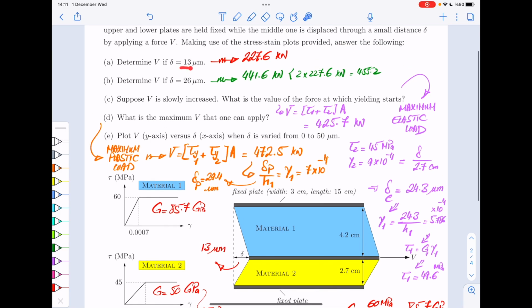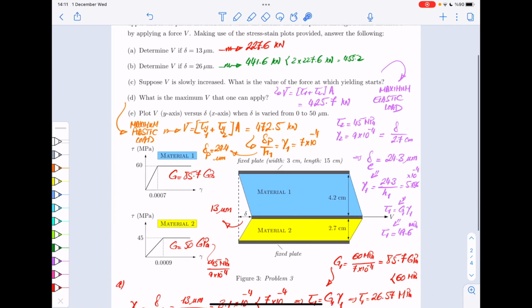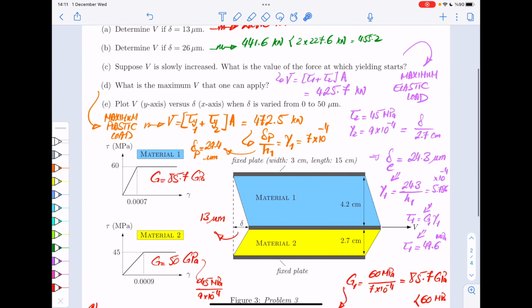Okay, which again, it makes sense. So at 13, everything is elastic. At 24.3, this one plastifies. And then if you continue at 29.4, both of them plastify. Okay? So when you want to draw your diagram, V versus delta, all you have to do is to kind of identify these numbers. So you would have a plot like this.